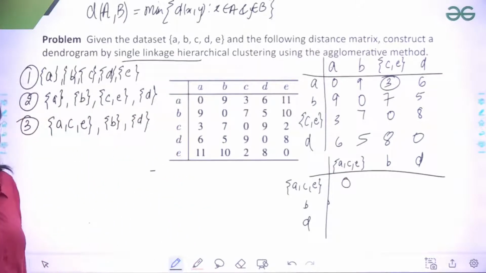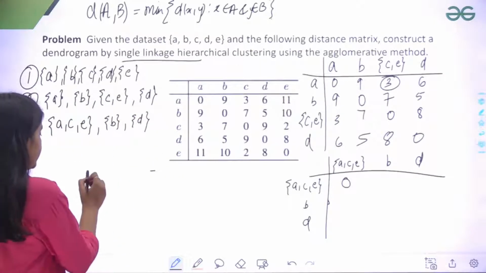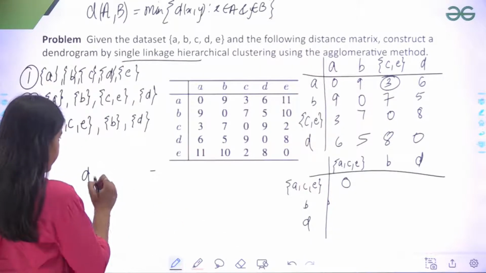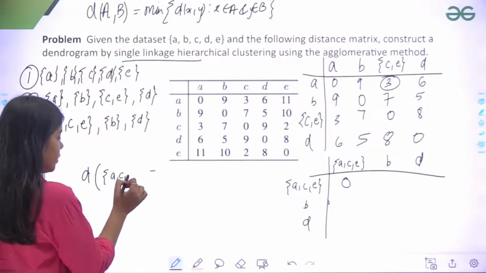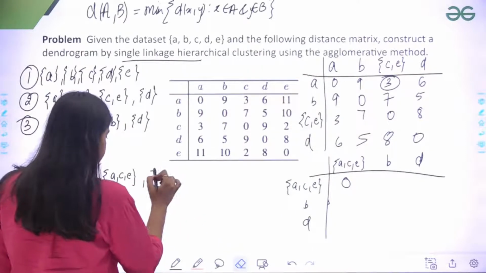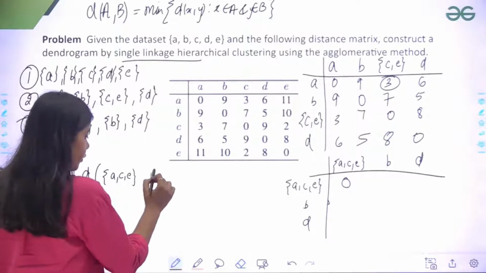Distance of ACE with B. So to find out distance of ACE with B, A comma C comma E with B, what do I have to do?